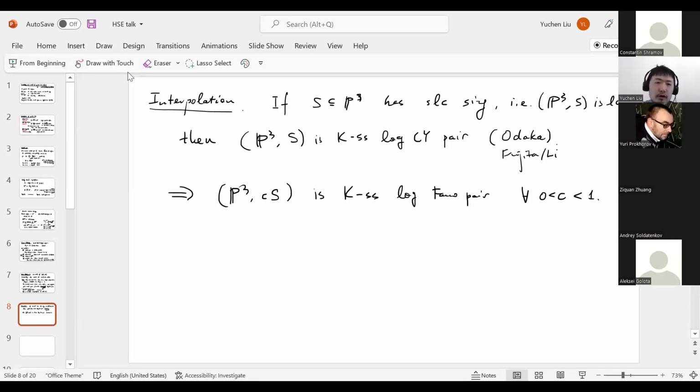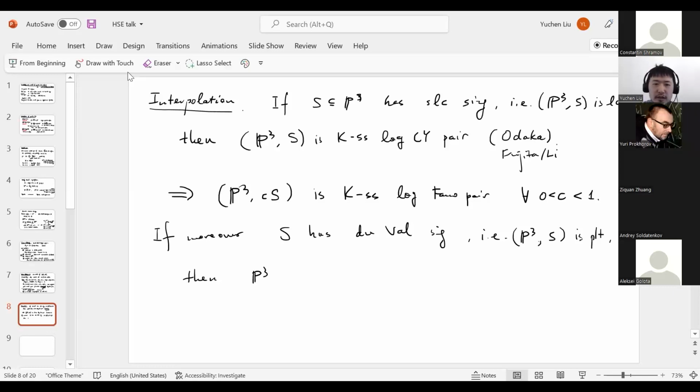And if, moreover, S has Du Val singularities, in which case (P^3, S) is PLT, then you have actually something even stronger. Then we know that (P^3, cS) is always K-stable.